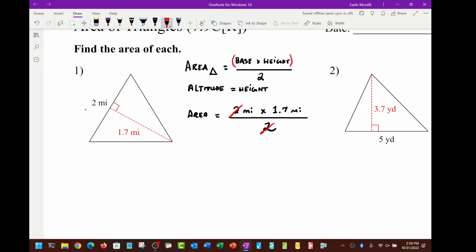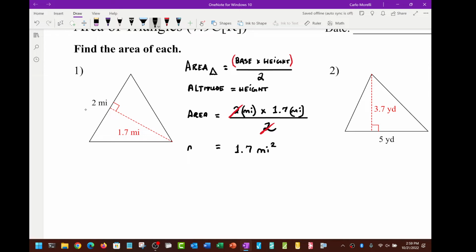And this also gives us a great explanation of why we express the answer in units squared, because we've got here miles times miles. So that's miles squared. So the answer is 1.7 miles squared.